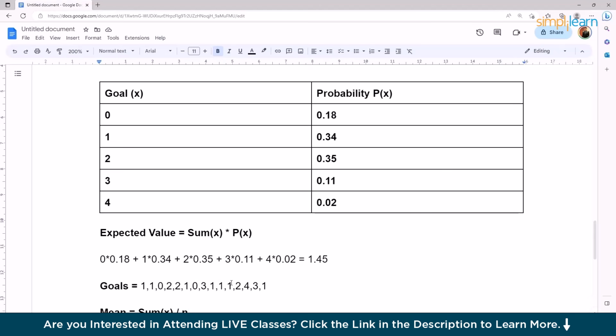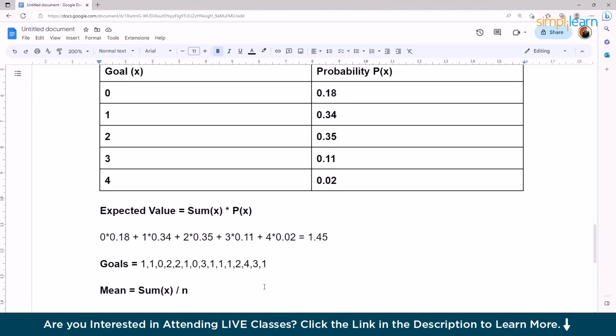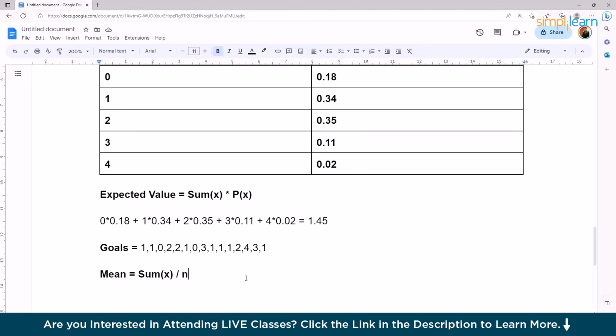It is as shown on the screen. So this represents the mean number of goals scored per game by the team.